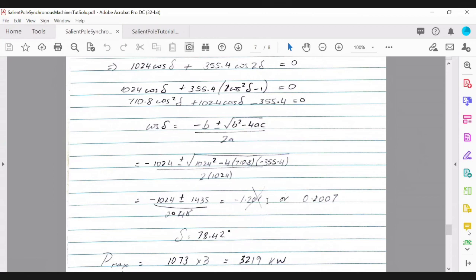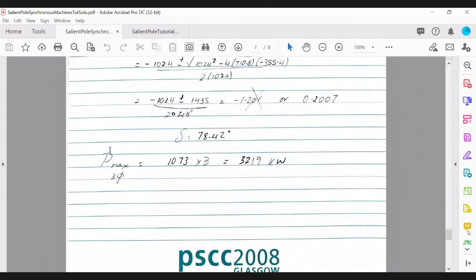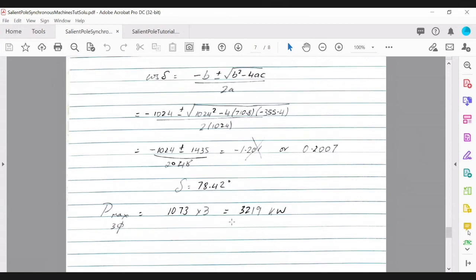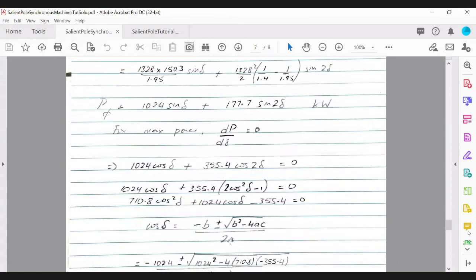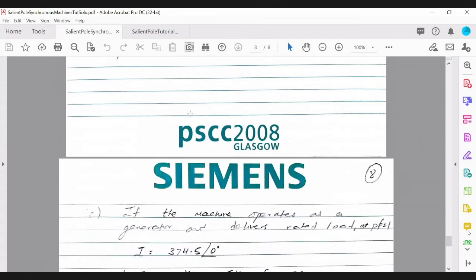So you can reject one of the solutions and take the correct one, which is 0.2007, and work out what delta is. Okay, so this is your angle at maximum power, and also we can work out the maximum power. You just multiply by 3 there, and you're going to get the maximum power for the motor. Okay, so that's part B.